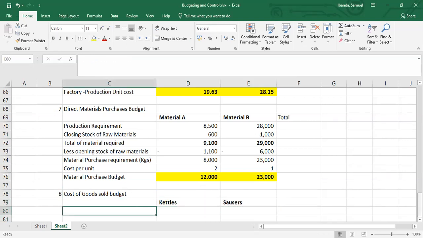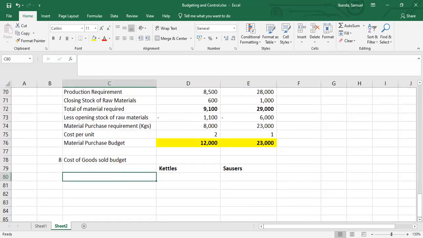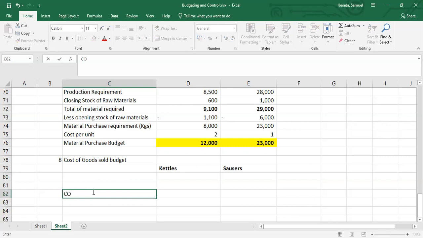If you remember very well from our financial accounting, the normal cost of sales from your accounting is opening stock plus purchases less closing stock. Of course, there can also be some adjustments on purchases.